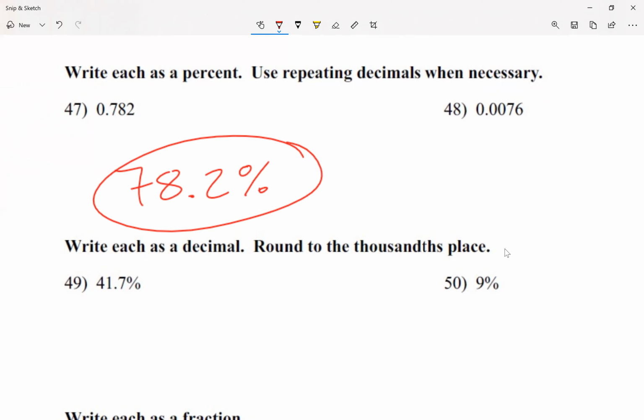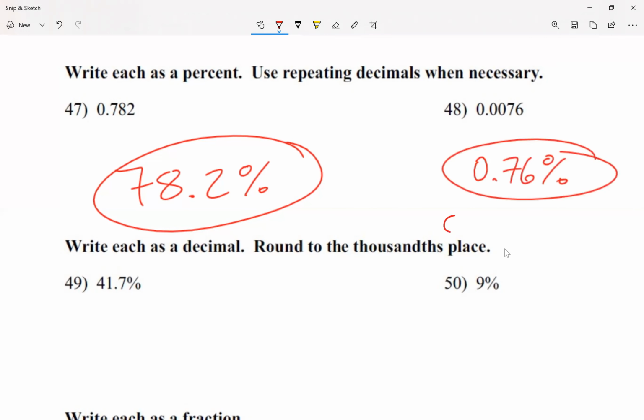Okay, now number 48, move the decimal point 2 places to the right. So I'm going to call this 0.76%. Now, some of you might be asking, why don't we just write 0.76%? Why don't we do that? Because I'm moving the decimal point 2 places to the right.